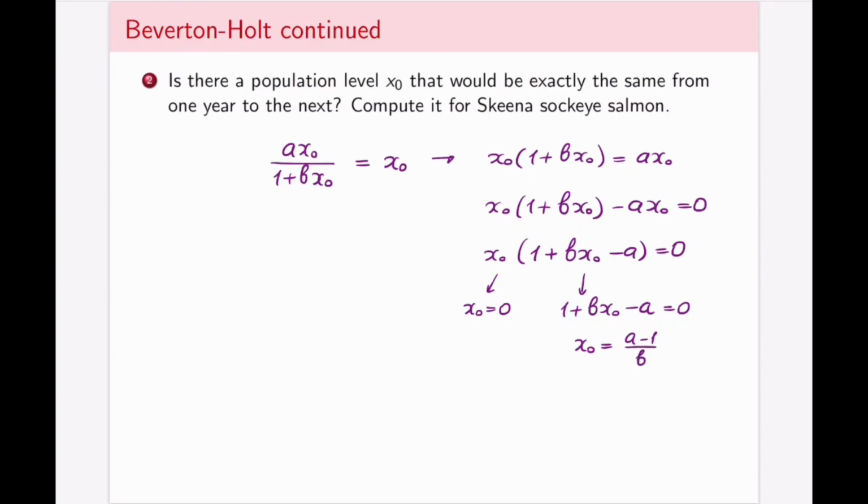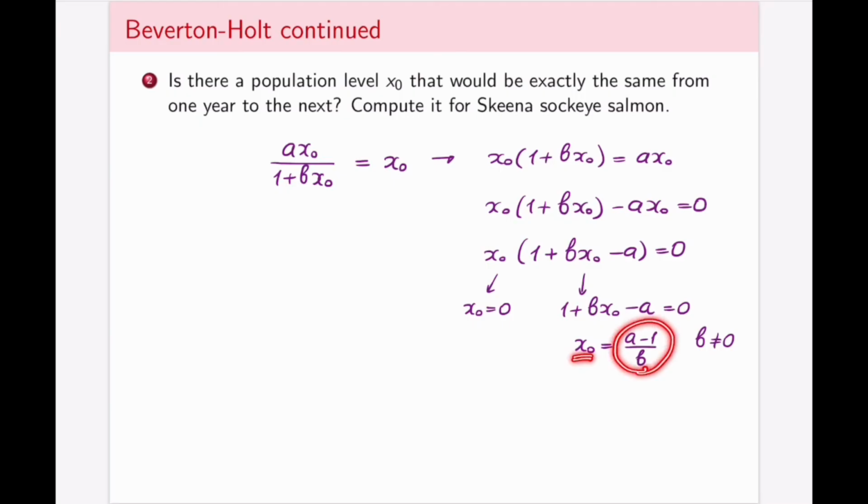There are a couple of things I have to be mindful of here. First of all, if I have a ratio like this, I need to ensure that B cannot be 0, because otherwise I won't be able to compute with it. But also, keeping in mind that X naught is the size of the population, it means that this number has to be positive.